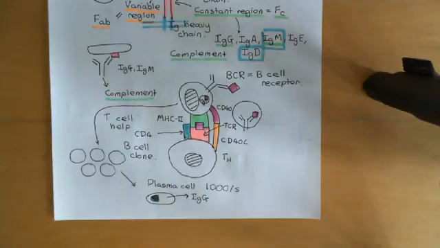They can produce antibody molecules of different types. We talked about how the constant region of antibody molecules can be changed, and the main type that you produce is immunoglobulin G, which has functions in activating complement and also in opsonization.